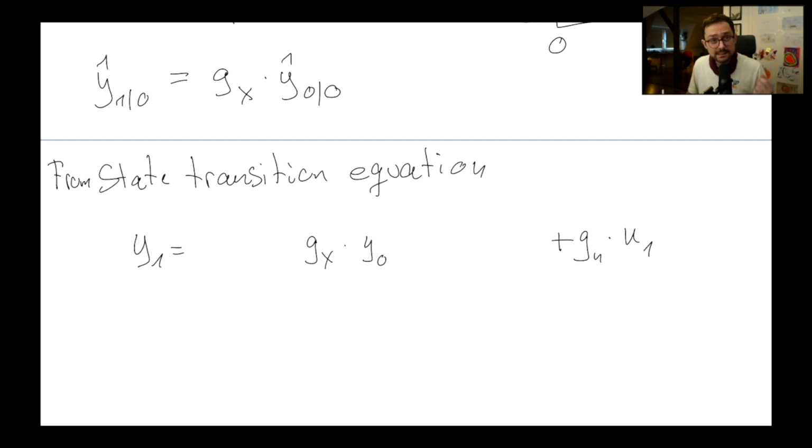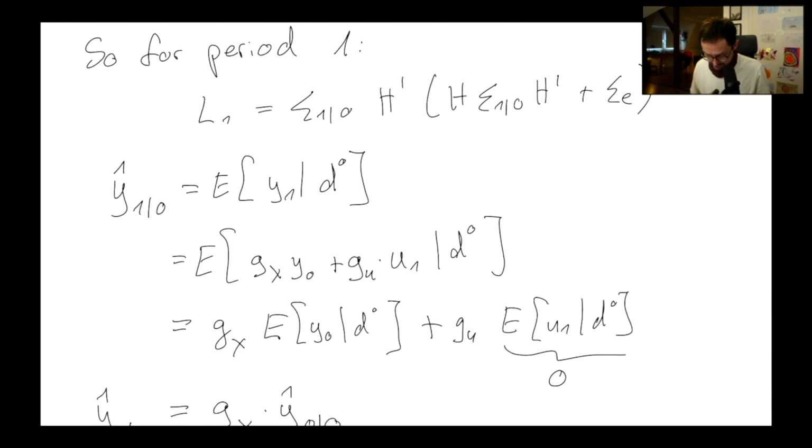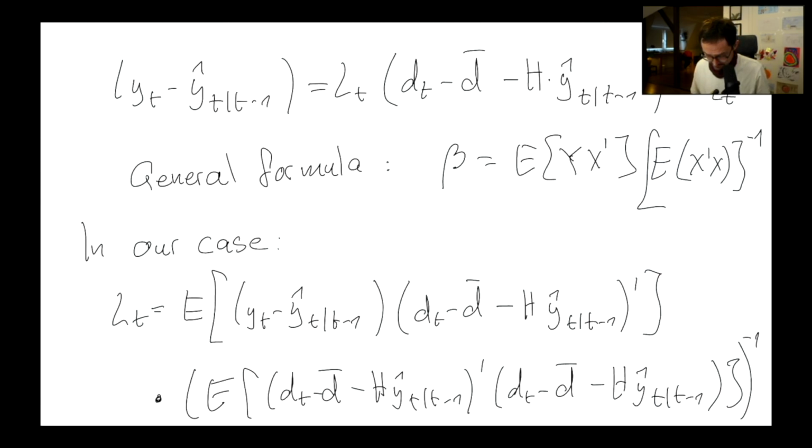Now let's do a trick. Let's add and subtract the same thing. So let's add Gx times y hat 0 given minus 1, and let's subtract the same thing. So we can rewrite the first guy as Gx y hat 0 minus 1 plus, let's have a look at this guy over here.